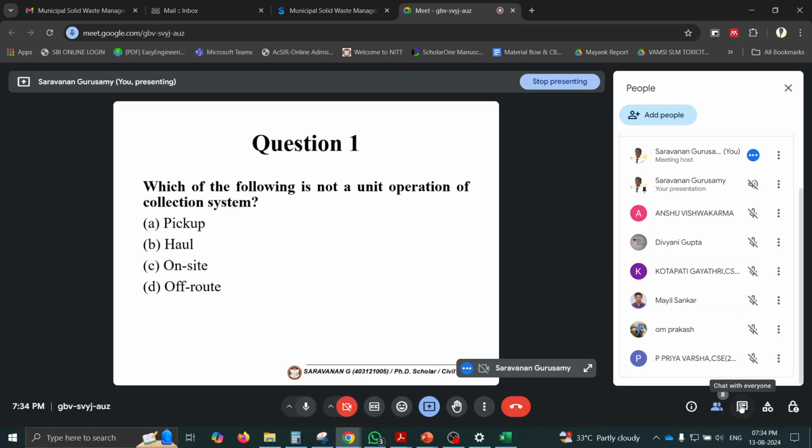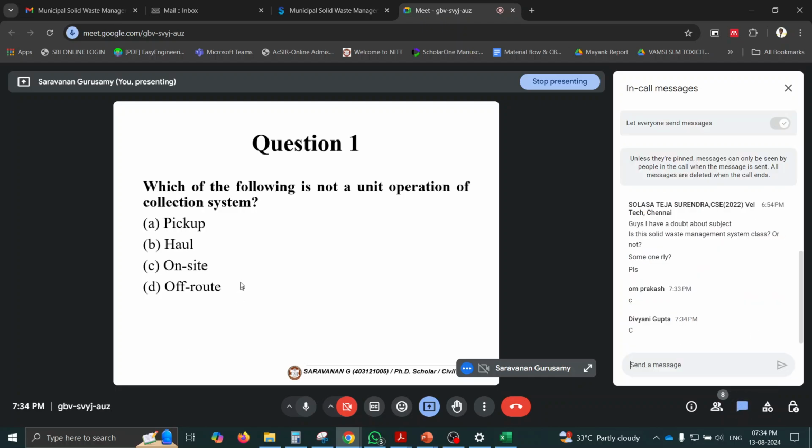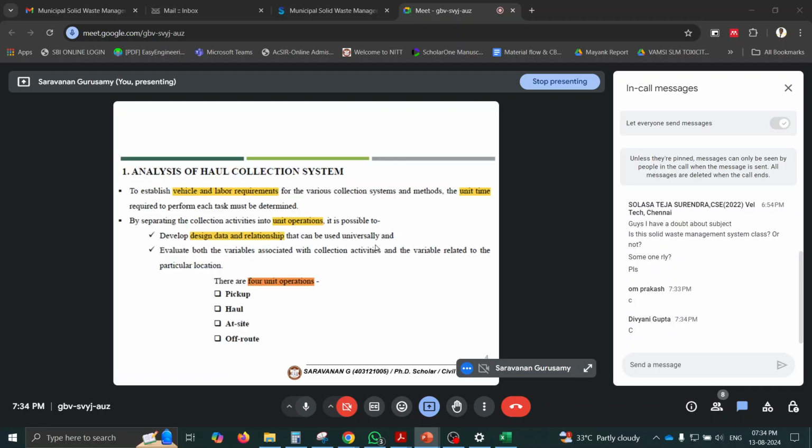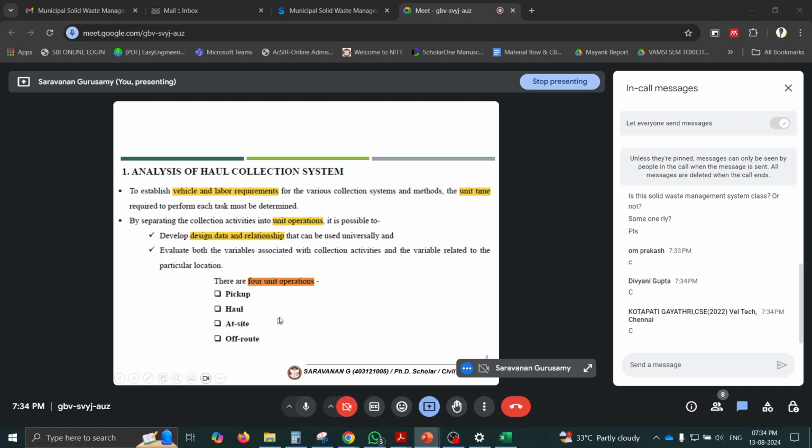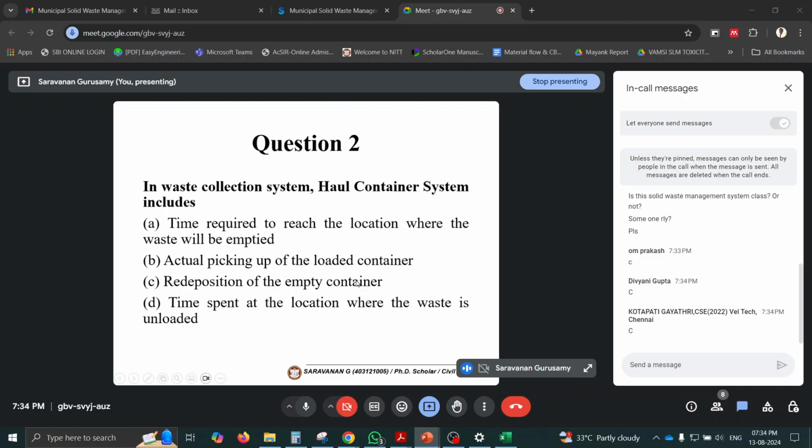So at site is correct, and here on-site is wrong. So the 4 unit operations are pick up, haul, at site, and off route.